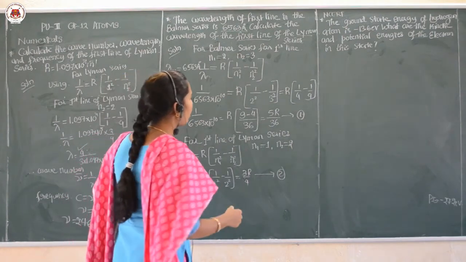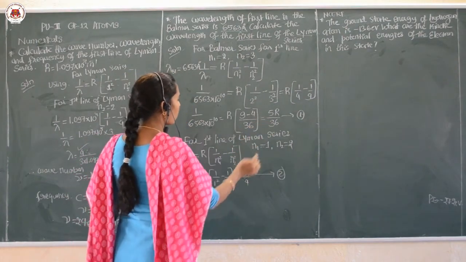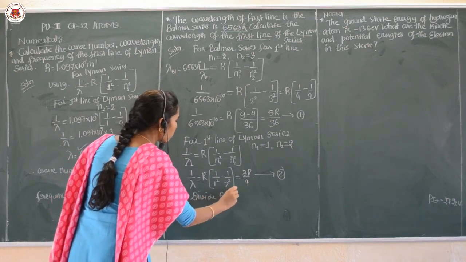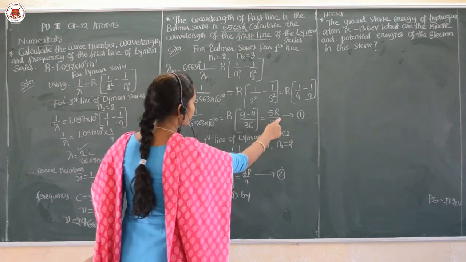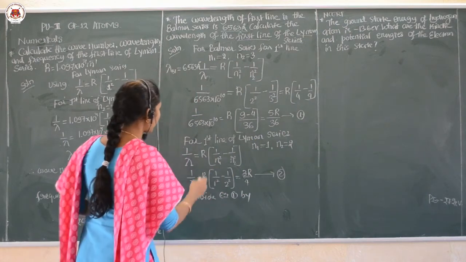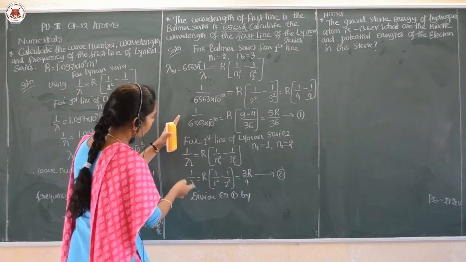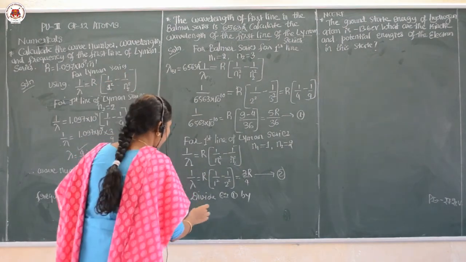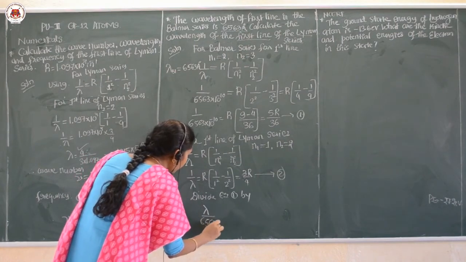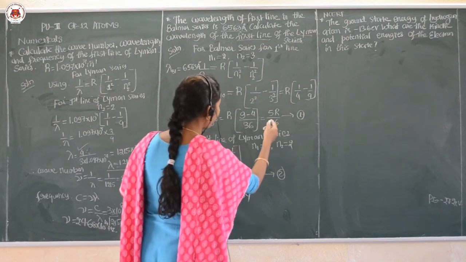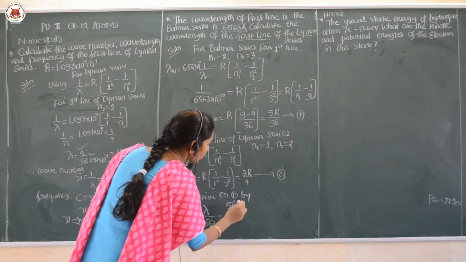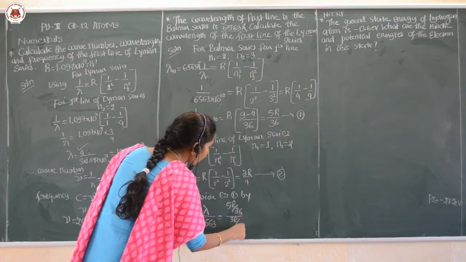Now just do the division, divide equation 1 by 2 here. Then on the LHS you can see that the denominator will come to the numerator, that means lambda upon 6563 will come, that is equal to, and here also you can see 5R upon 36 upon 3R upon 4 will come, right.